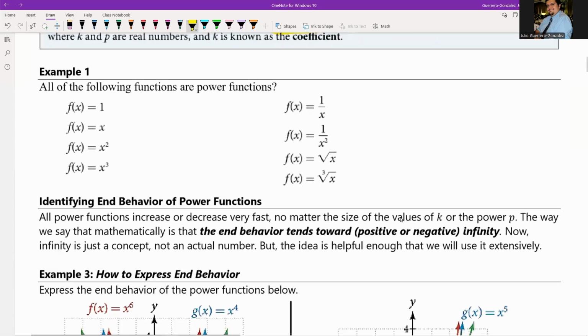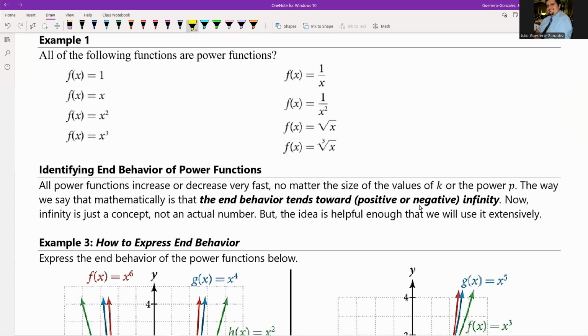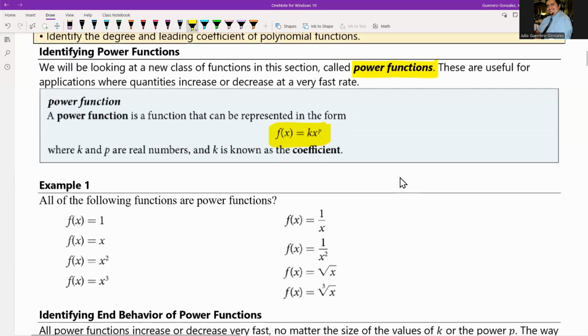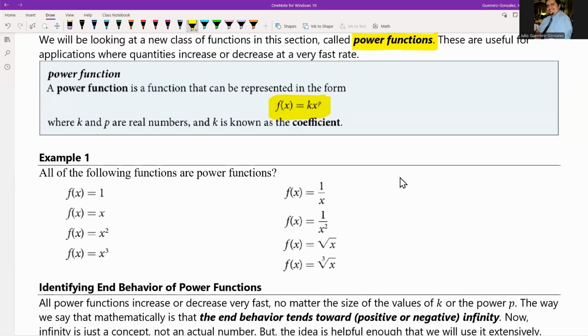So for some examples of some power functions, these right here, all of these are completely legit. Now, the ones on the right-hand side don't look like it, but I can rewrite these. x to the -1 is that one, okay?